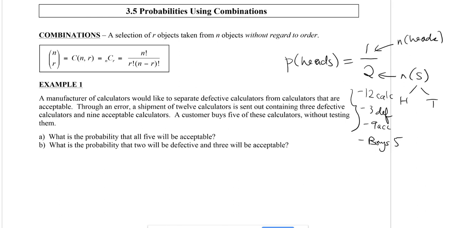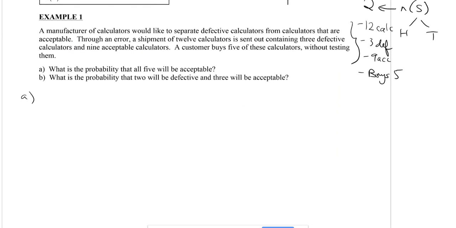9 are acceptable, okay? And the customer buys 5, okay? So the first thing I'm going to do, in part A, it's asking what is the probability that all 5 will be acceptable. I am going to first identify what my desired outcome is.